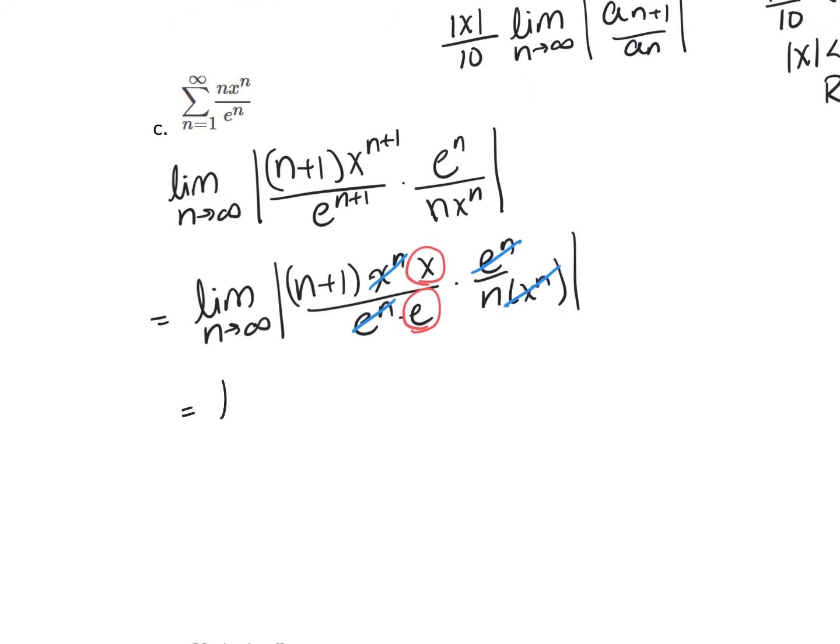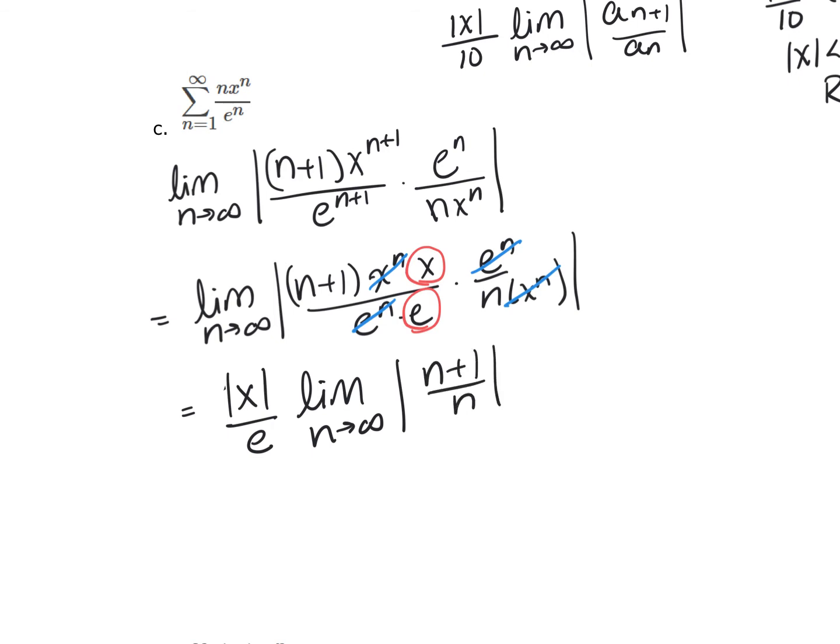So this is equal to the absolute value of x over e, the limit as n goes to infinity of n plus 1 over n. But this is just equal to the absolute value of x over e, the limit as n goes to infinity of 1 plus 1 over n.